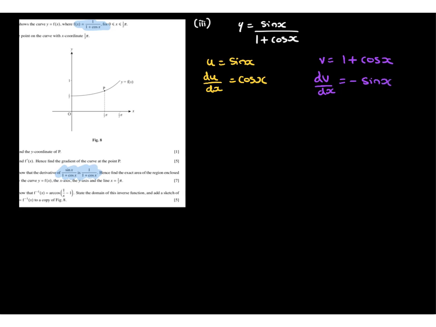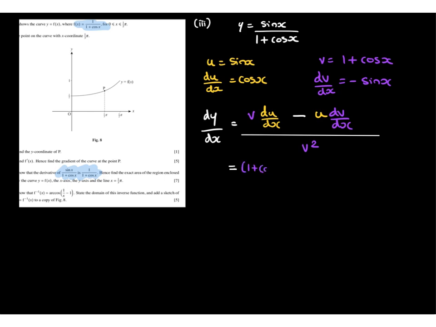Let's then write out the quotient rule. So let's substitute into this. So we have 1 plus cos x multiplied by du by dx, so multiplied by cos x, minus u, which is sine x, multiplied by dv by dx, which is negative sine x. So that's going to effectively give us plus sine x, or sine squared x.